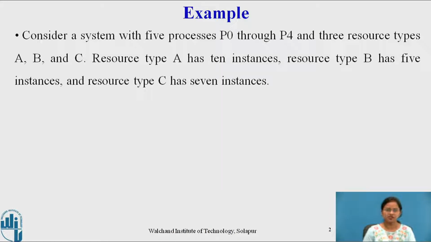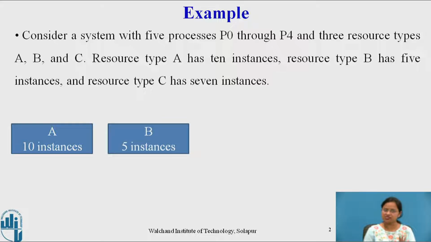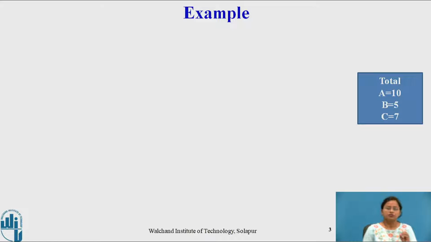Now consider a system with 5 processes P0 through P4 and 3 resource types A, B and C. Resource type A has 10 instances, B has 5 instances and C has 7 instances. So as we know, we have a total of 3 resources A, B, C with 10, 5 and 7 instances.